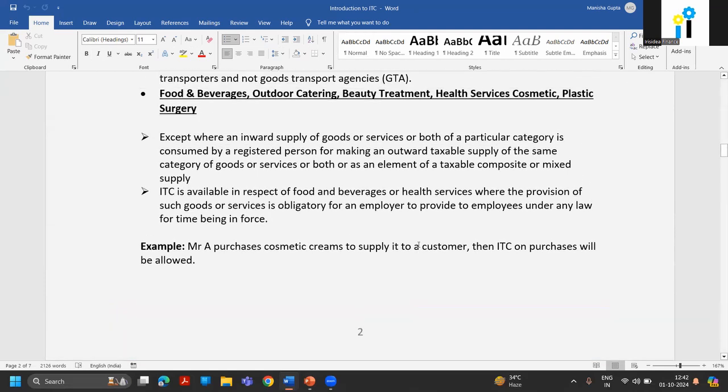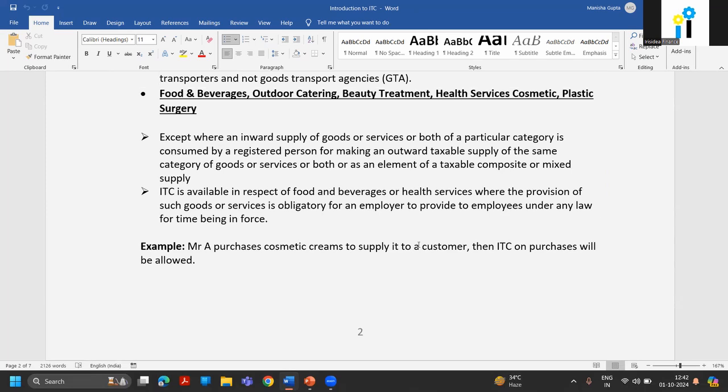Food and beverage, outdoor catering, beauty treatment, health service, cosmetic and plastic surgery. Except when an inward supply of goods or services or both of a particular category is consumed by a registered person for making an outward taxable supply of the same category of goods or services or both, as an element of a taxable composite or mixed supply.